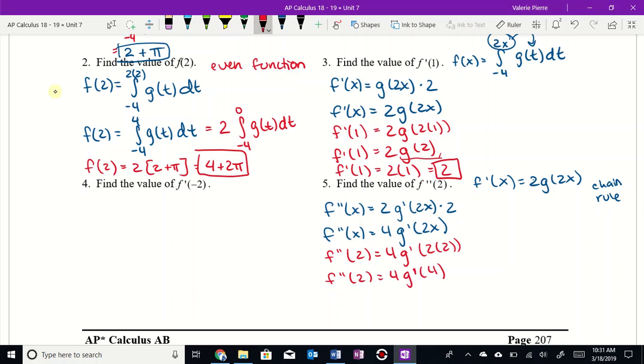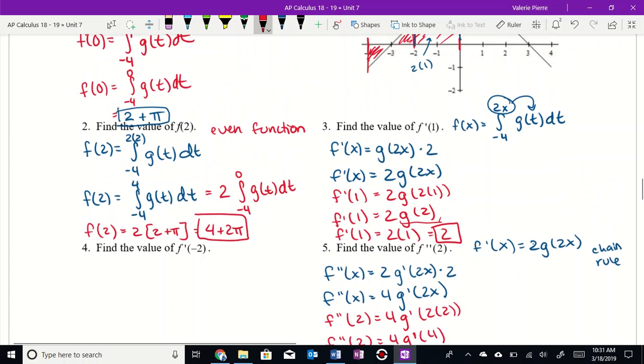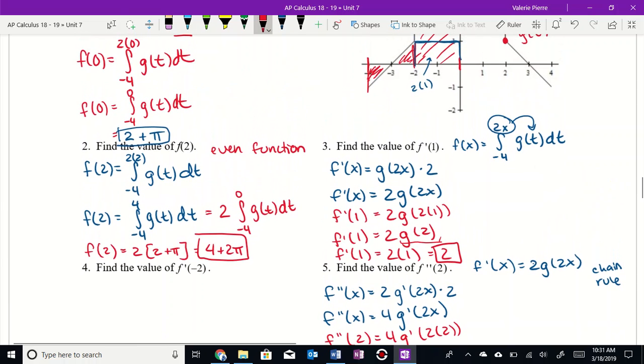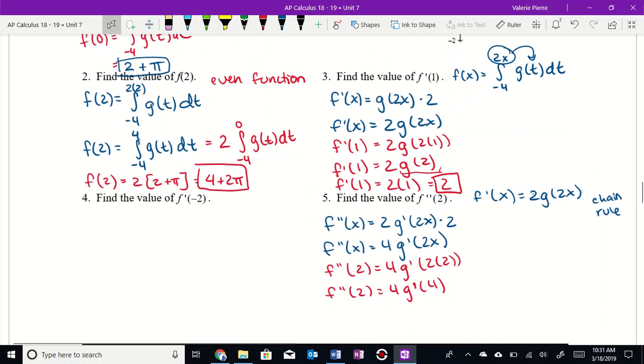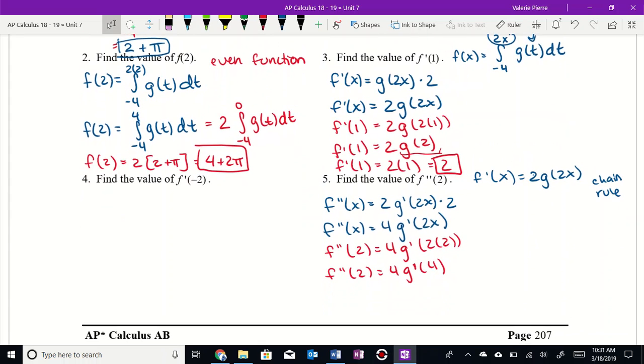Okay, so we want to know g prime of 4. So if we go to 4, oh boy, our graph does not continue on forever. It actually stops at 4, which tells me that our graph is not continuous at 4 because there's no limit from the right side.